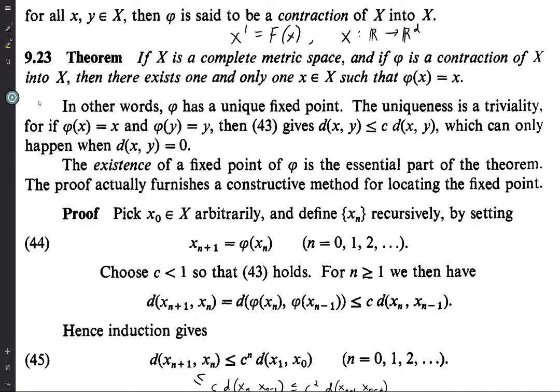So this operator is a function which takes in functions and spits out functions. And on this function space, we can put a metric that turns it into a complete metric space.